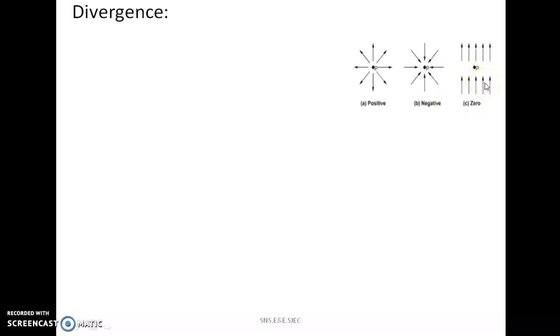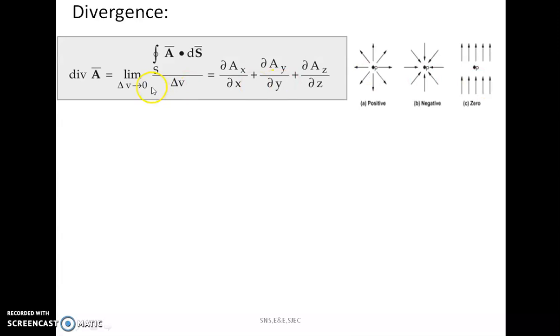Mathematically, I can express divergence in terms of surface integral per unit volume. Divergence of A can be represented as limit delta V tends to 0, which means the volume shrinks to 0.